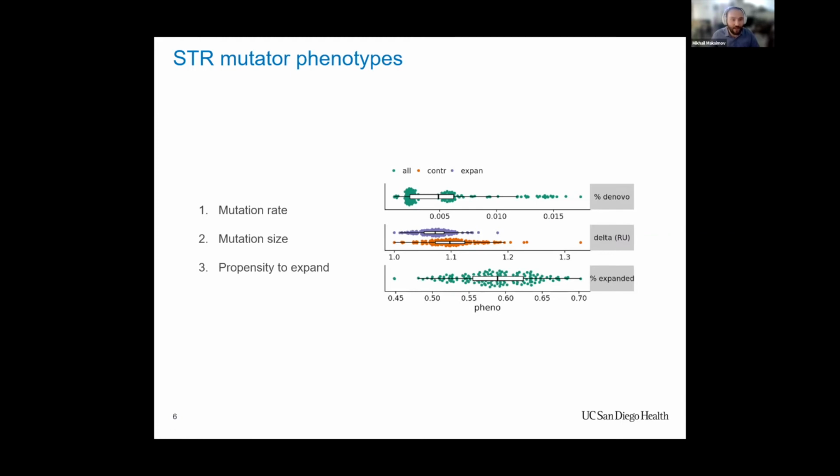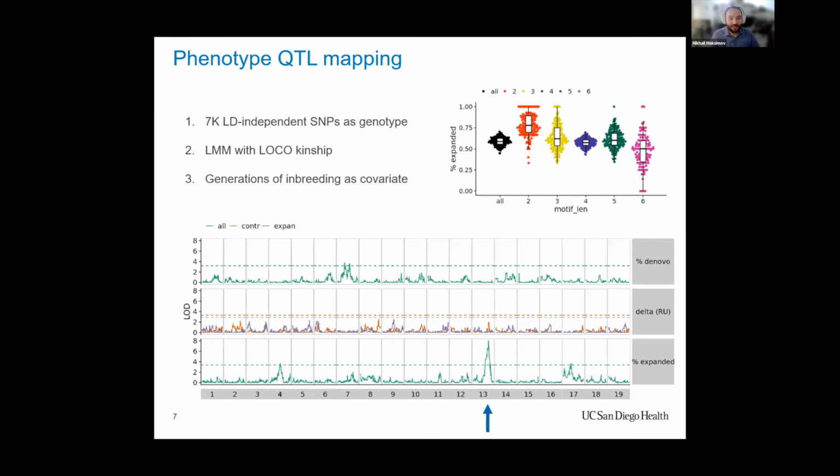So after we had these phenotypes, we could actually get into running the QTL mapping. And so here I'm showing some results for this. Basically, we ran QTL mapping for each of the mutator phenotypes against a list of 7,000 LD independent markers, basically directly from Professor Williams's lab, downloaded from GeneNetwork.